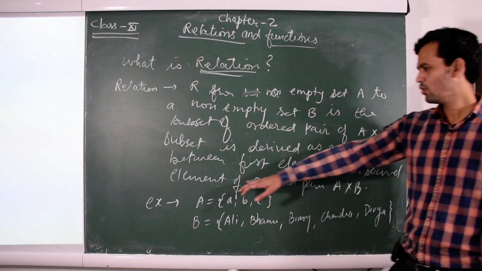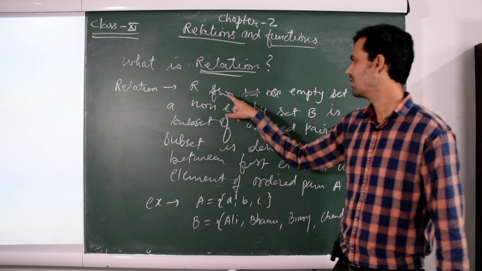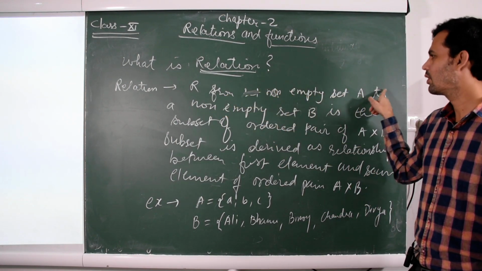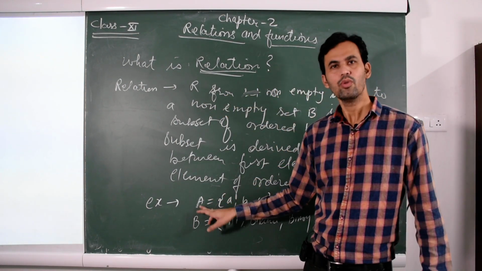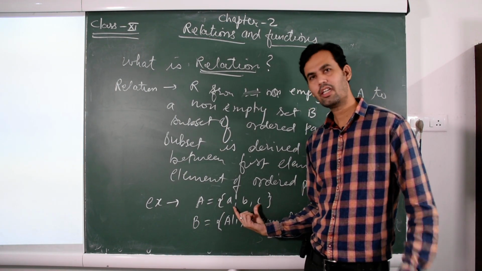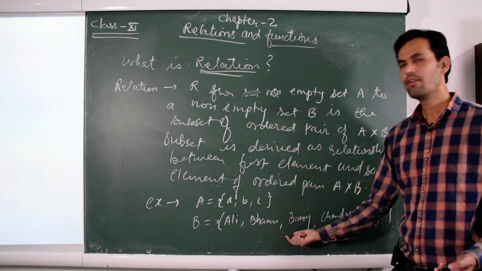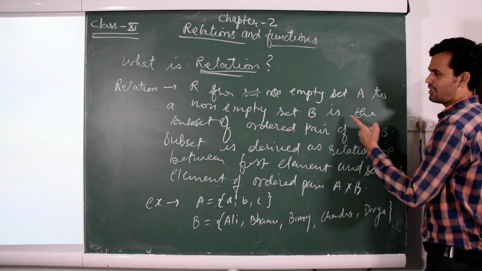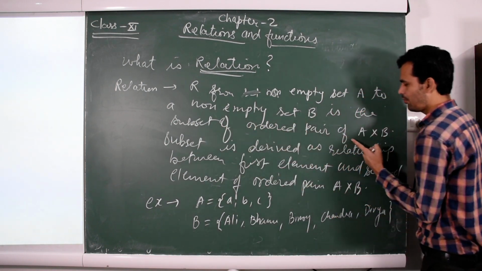So these are two sets. Here we write relation R from non-empty set A to a non-empty set B. Set A is having 3 elements and set B is having 5 elements, is the subset of ordered pair of A into B.